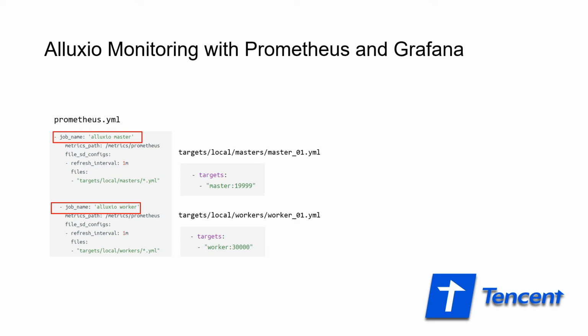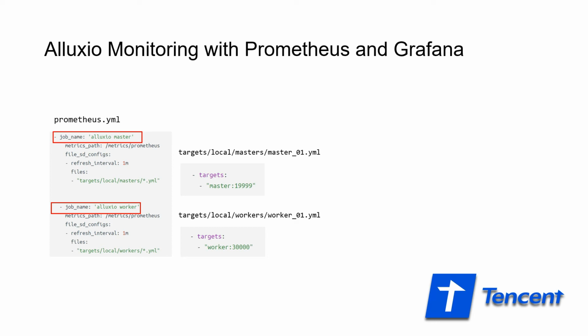One is Alluxio master, and another is Alluxio worker. We need the job names to import the Grafana dashboard, so we need to keep the job names in mind.